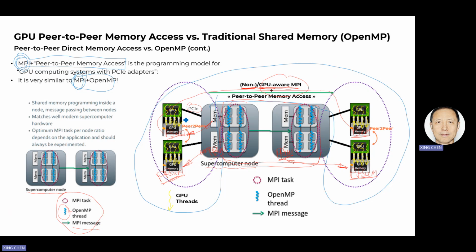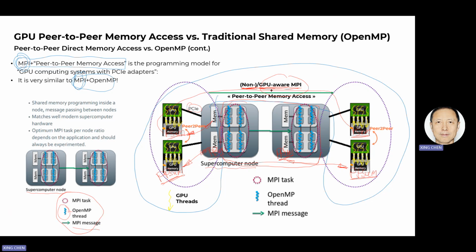And you apply MPI plus OpenMP for CPUs. You apply MPI plus peer-to-peer for GPUs. There are two kinds of programming models in play. That's the difficulty of this kind of GPU programming, because you have to deal with these two kinds of programming models.